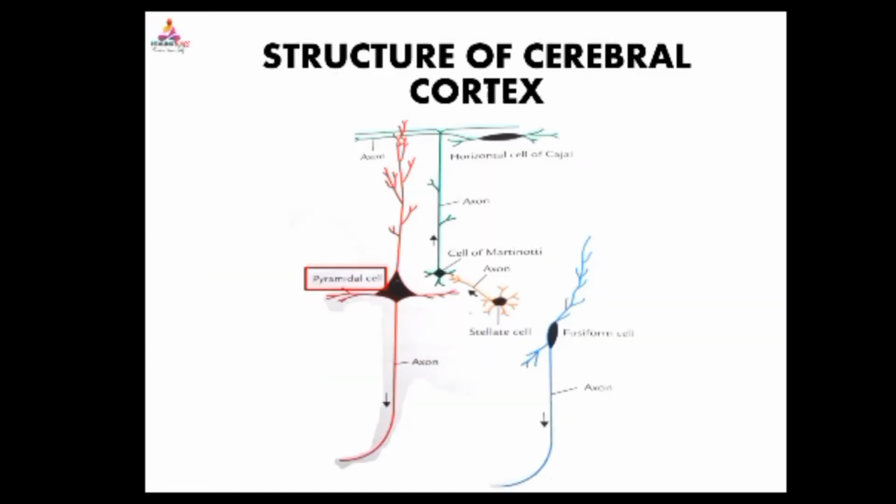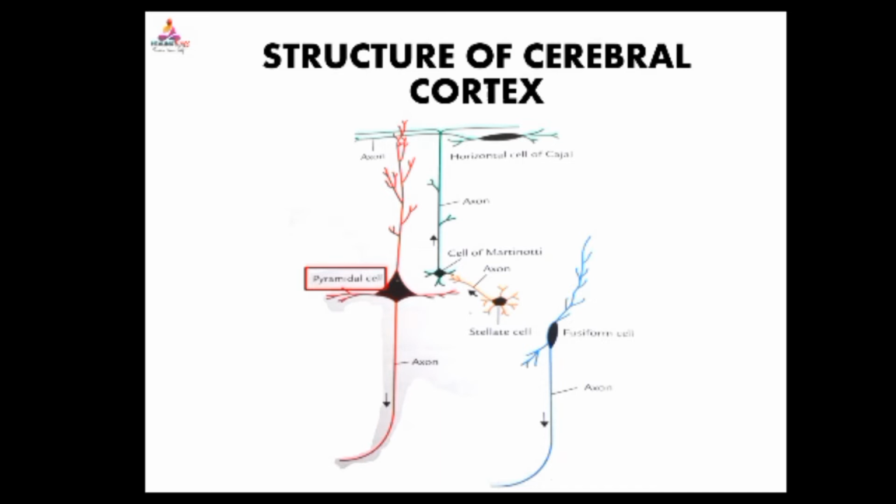First one is the pyramidal cells, which are pyramidal in shape with their apices directed towards the surface. The axon arises from the base of the cell body, while dendrites arise from its apex and basal angles.